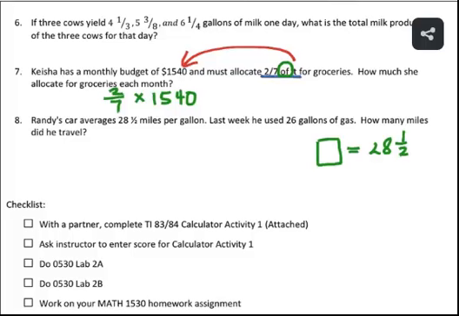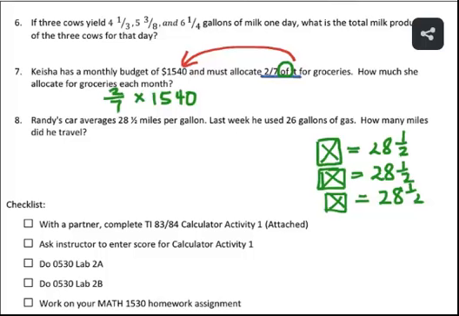But he didn't just put in 1. He kept putting gas in and putting gas in, right? And each time he's given himself another 28 1/2 miles each gallon. Here's a gallon. This is 1 gallon. Here's another gallon. So he gets to go another 28 1/2 miles. How many gallons did he use?